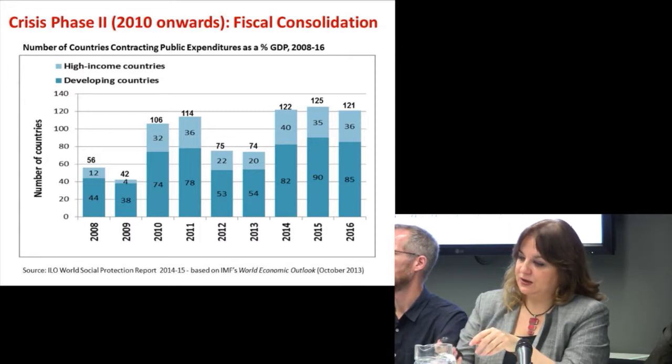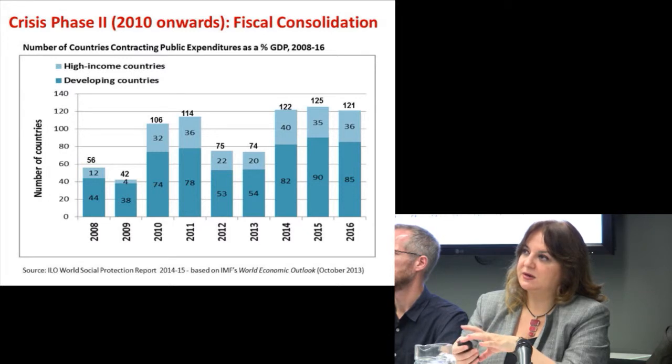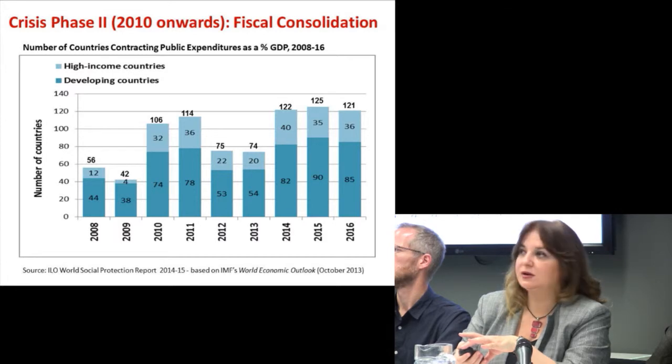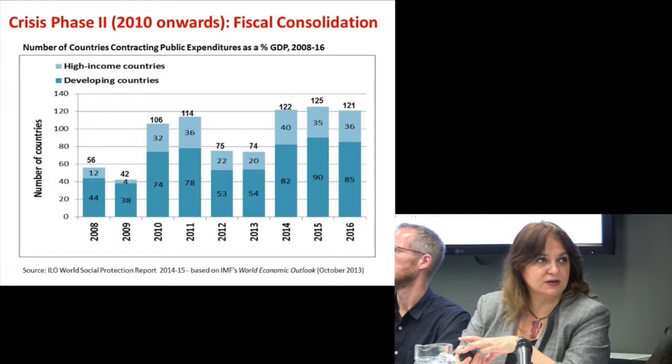That is the number of countries cutting expenditures year on year. So in 2014, according to the IMF data that we used for the report, 122 countries were contracting public expenditures, of which 40 were high income and 82 developing countries, and the trend is expected to increase in 2015.